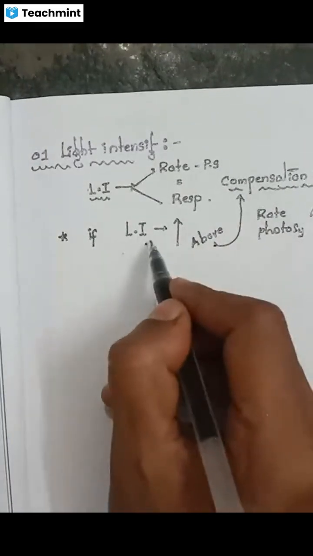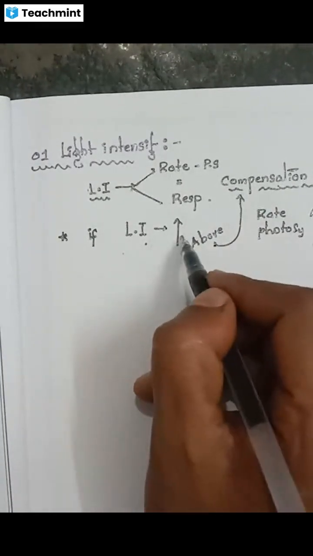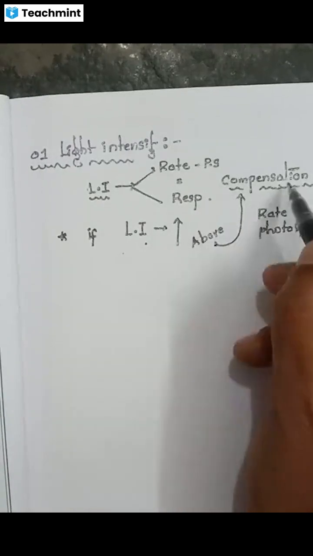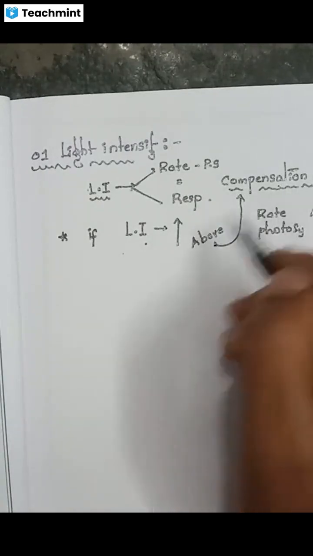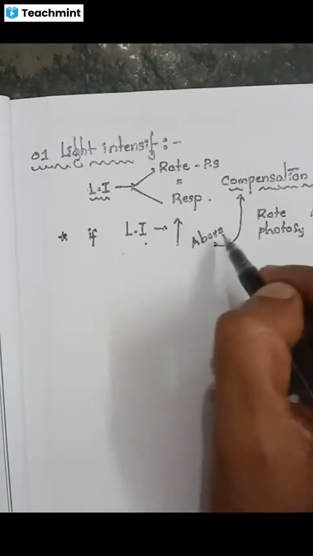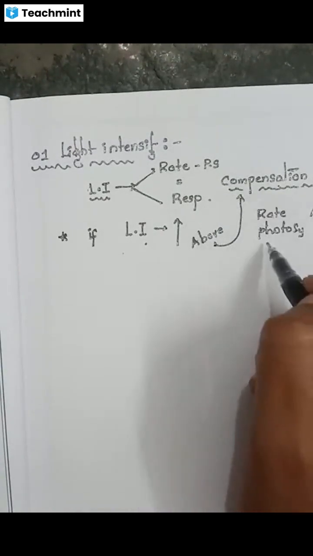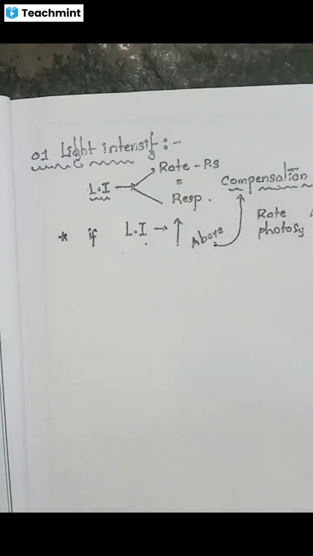If the light intensity is increased above the compensation point, the rate of photosynthesis is also increased.